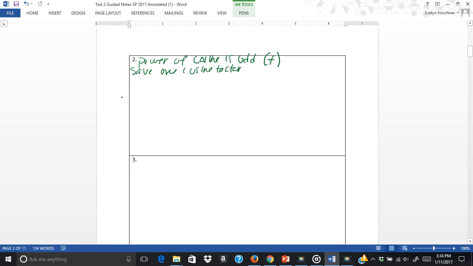So let's say for an example, we'll have the integral of sine to the mth power x, cosine to the 2k plus 1 power x dx. So this number here is odd. So I'm going to rewrite it as the integral of sine to the mth power of x times cosine squared x to the k power times cosine x dx.